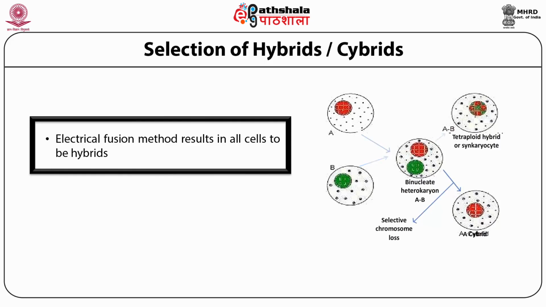But in case of electric fusion, what we do is we bring two protoplasts of diverse sources from different sites and make them fuse. It's only diverse protoplasts which are coming. Now, depending on whether it's a hybrid in which you get a tetraploid formation, or the chromosome of one gets knocked down, you either get a tetraploid hybrid or a cybrid.